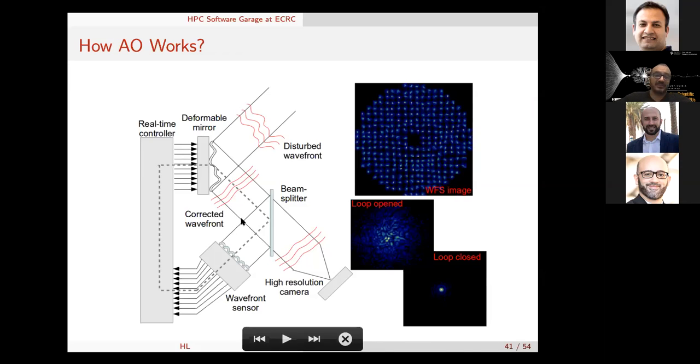So in real time, in the sense that as soon as the light comes in, you really want to deform that tiny mirror to compensate right away for the effect of the turbulence, okay? So there is a component which is hard real time, and there is also a component under the hood that is soft real time.